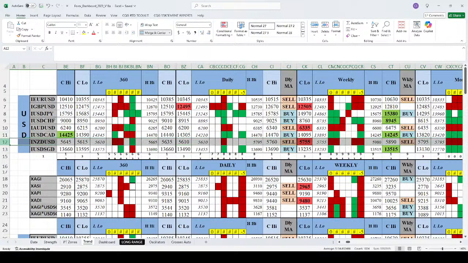Okay, New Zealand dollar, we are seeing the trend. Weekly and monthly is down, and daily is flat with the downside buyers. Six hours or hourly is flat with the downside buyers.